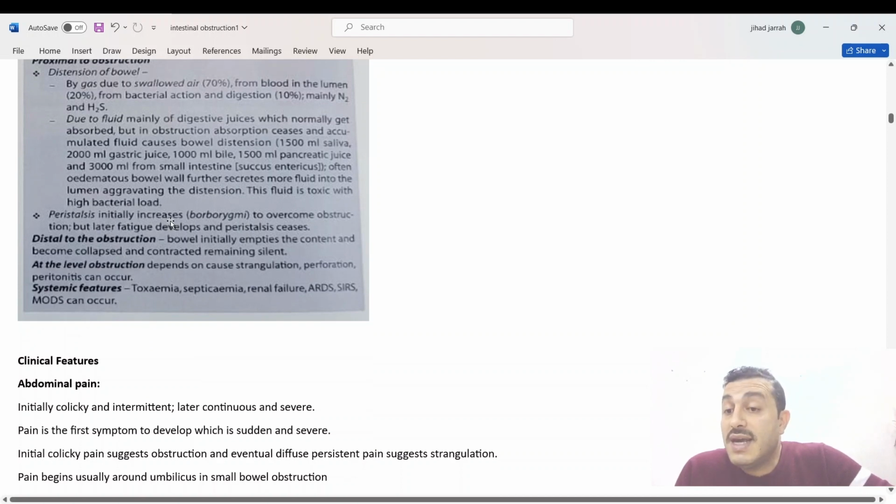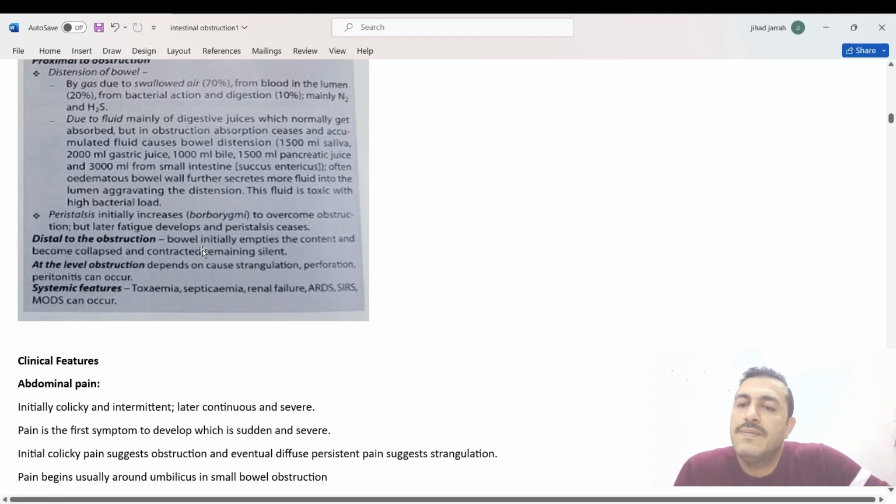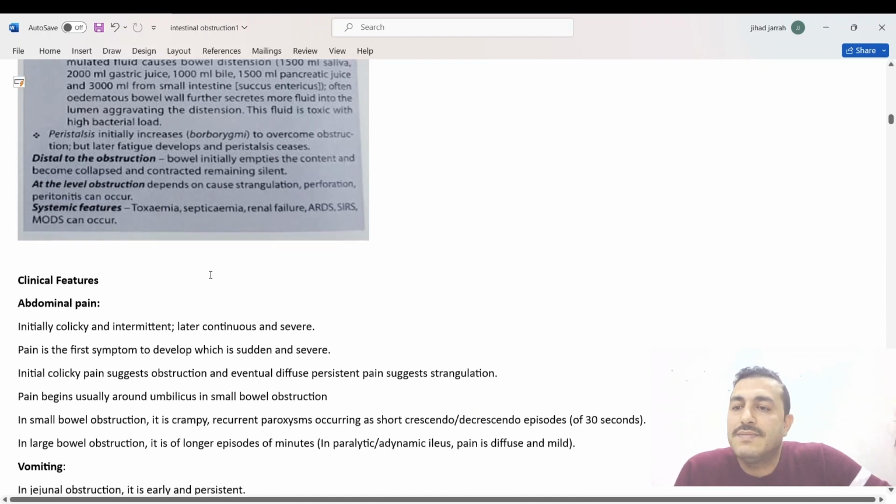Peristalsis is initially increased, as we said, called borborygmi, to overcome the obstruction. At this point, some air can leak through the obstruction and cause the air fluid level that we see. Distal to the obstruction, what's remaining in the bowel empties, and it remains contracted and silent.